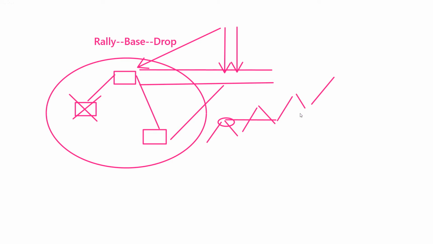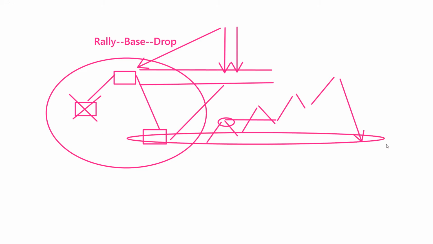And theoretically we should move lower and retest that low, and that's going to be the first possible target. Right, so that's the rally base drop. So first phase we have to recognize, then we are watching what is going on. So let's have a look at the drop base rally.